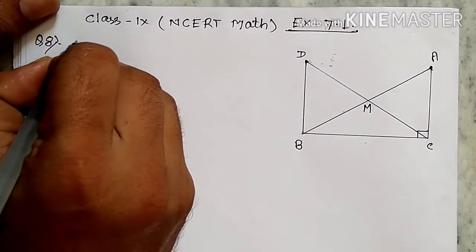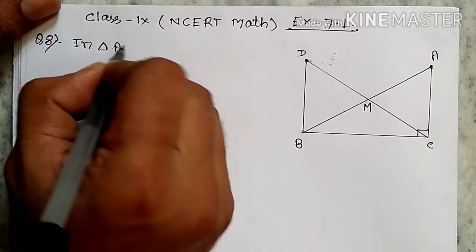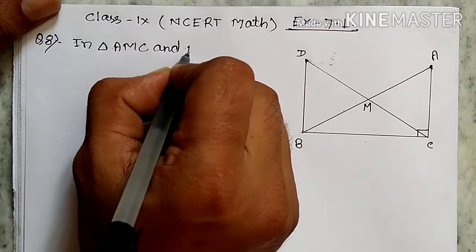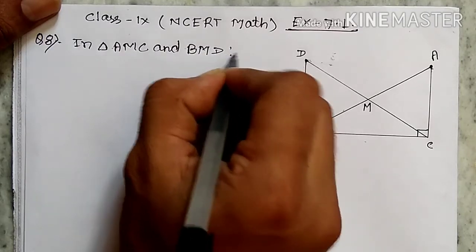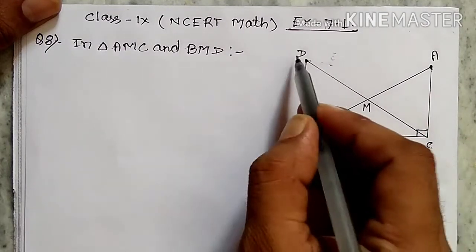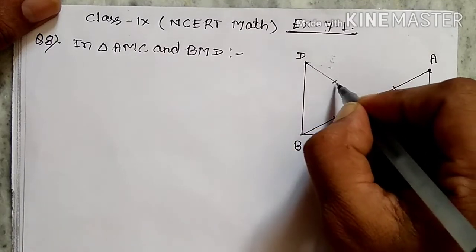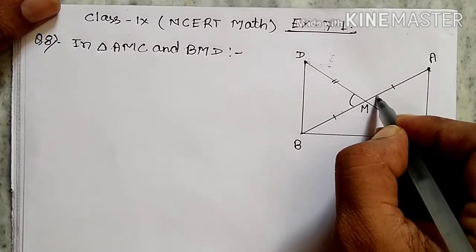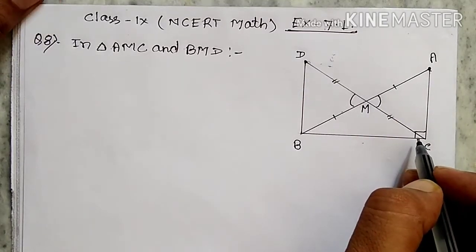In triangle AMC and BMD, which triangles? AMC and BMD, both the triangles. In these triangles, this is equal to this and this is equal to this, it is given, and this angle is equal to this angle, vertically opposite angle, and this is 90 degrees.